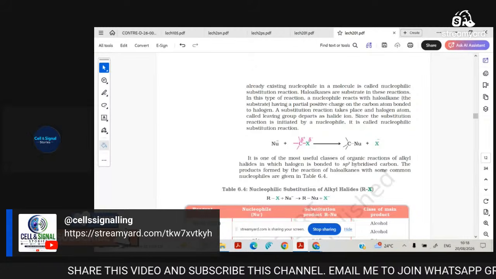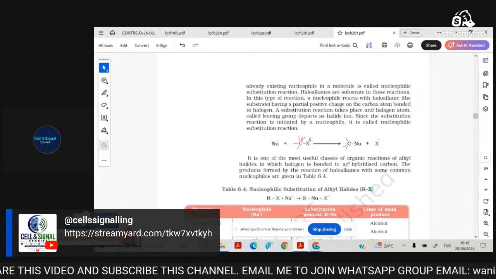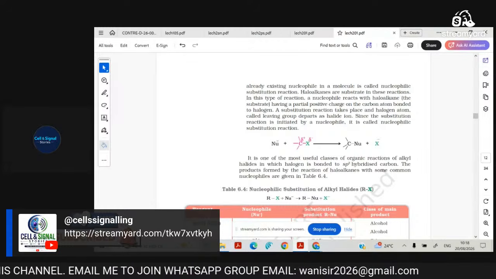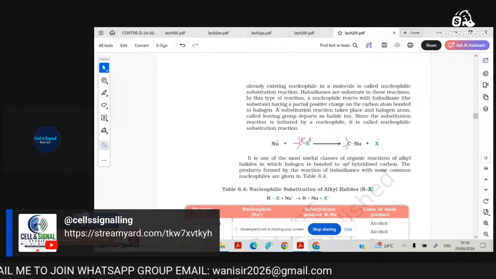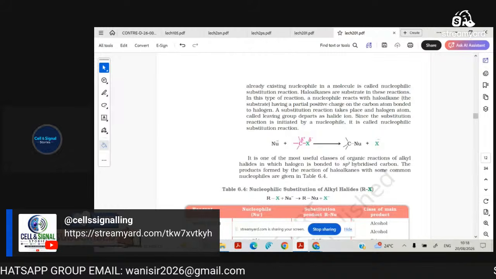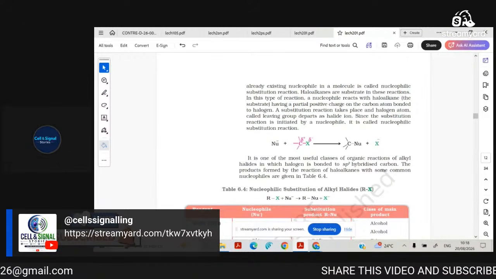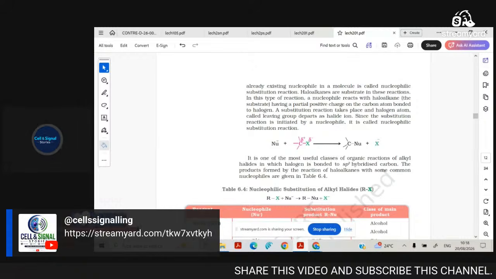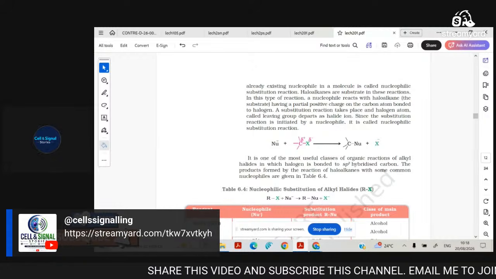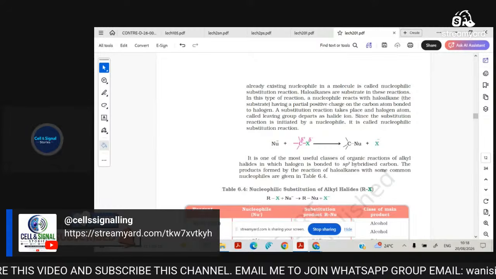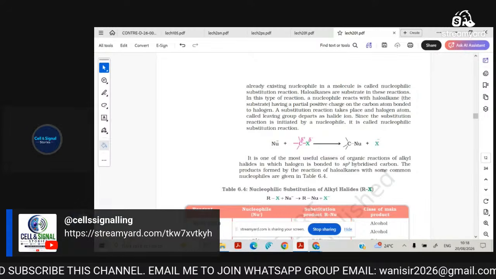Since the substitution reaction is initiated by the nucleophile, it is called a nucleophilic substitution reaction. So it is very easy. What is a nucleophilic substitution reaction? When one nucleophile replaces another nucleophile, the leaving nucleophile is called a halide ion, and it has the negative charge.